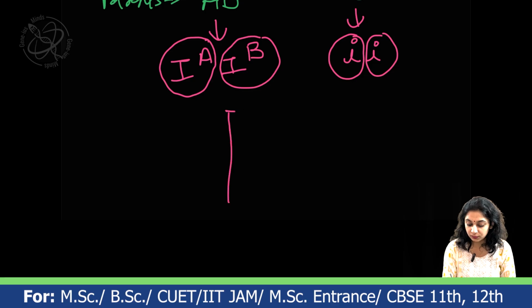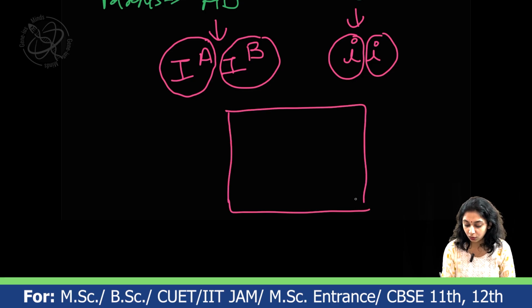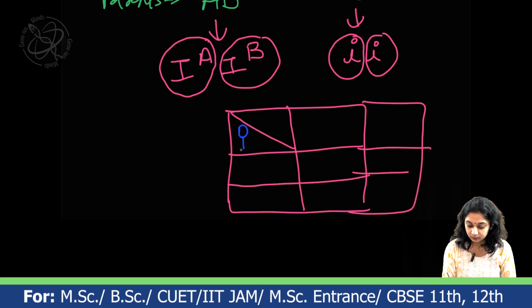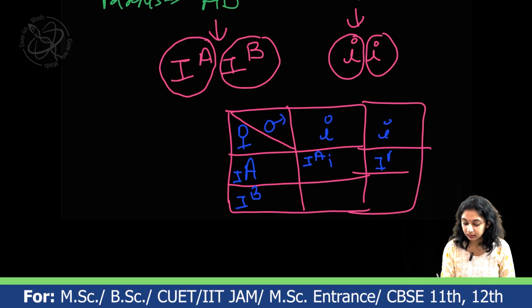Whenever we are performing a cross, we try to find out the ratio with the help of the Punnett square. For the female it is IA IB, and for the male it is small i, small i. You just have to multiply them, IA i. This is how you are going to perform the cross.